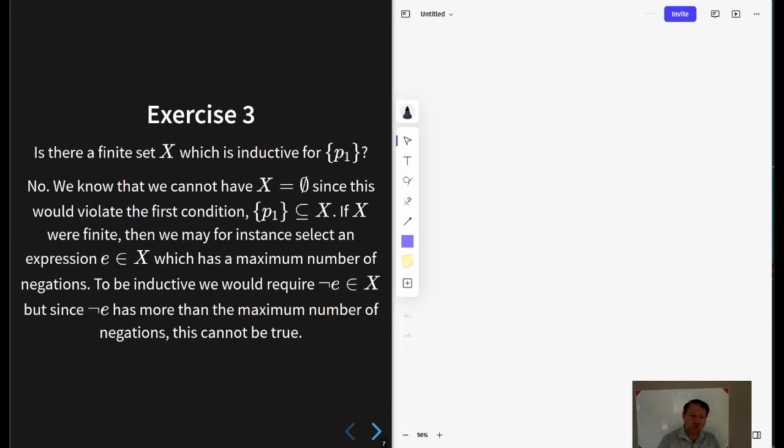And then due to X having to be closed under the formation of negations, we can take an expression which has the maximum number of negations. And we know that X must have its negation, which has one more negation, which is to say X has an expression with more than the maximum number of negations. That's a contradiction, so X cannot exist.